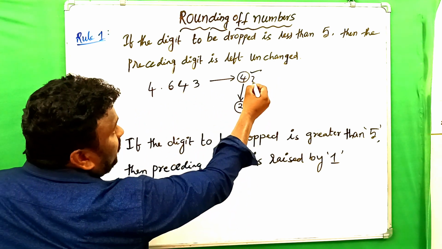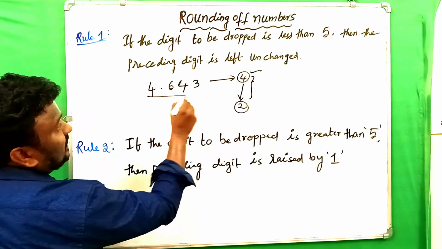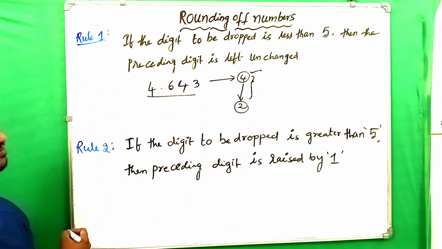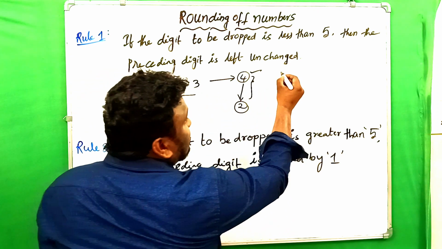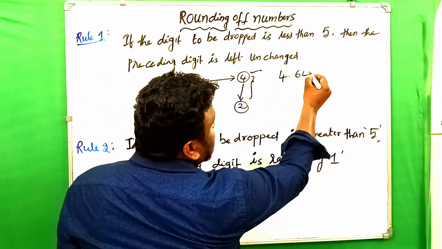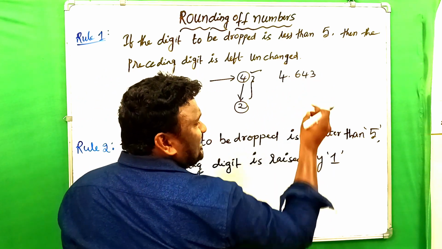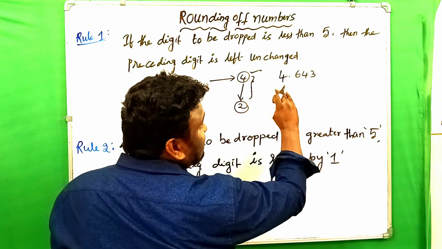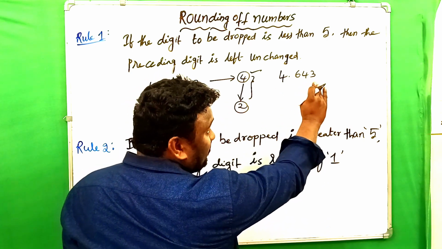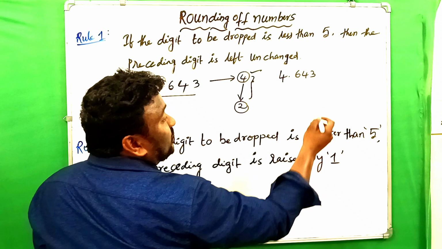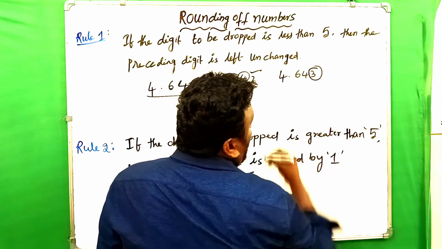Now we want to round off the given number to 2 significant figures. In 4.643, this 3 is the most insignificant digit, and this digit is going to be dropped.